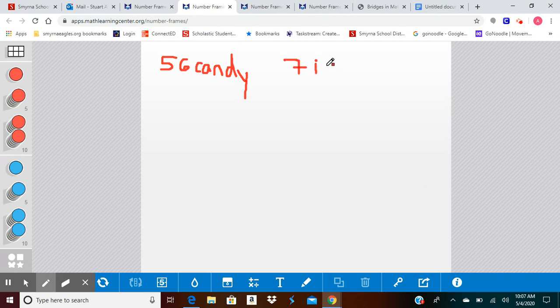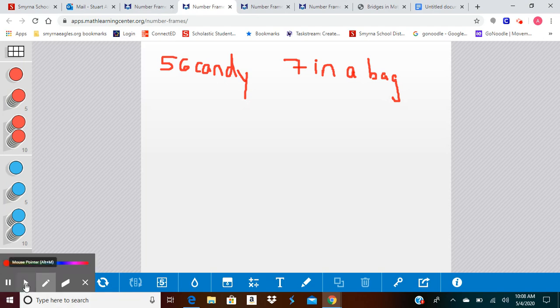So if I know that I have 56 pieces and I'm putting 7 in a bag, what am I going to make rows of for my array? Okay, hopefully you're telling me we're going to make rows of 7, and we're going to keep making rows of 7 until we get all the way to what number? 56.